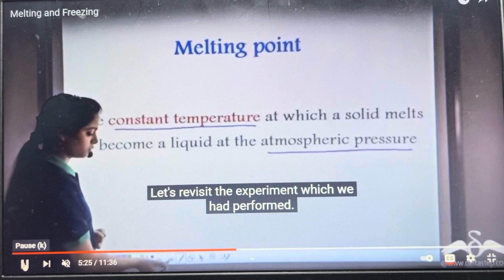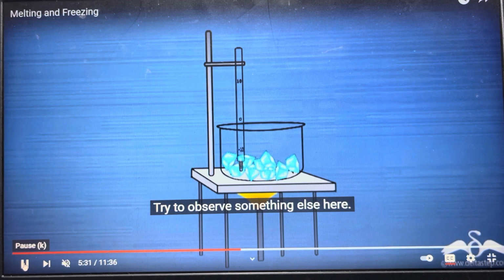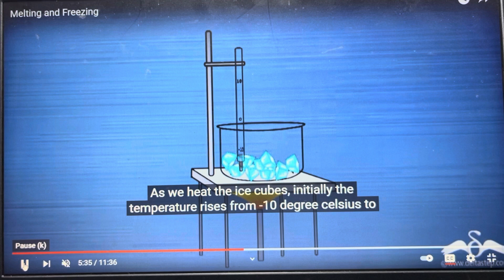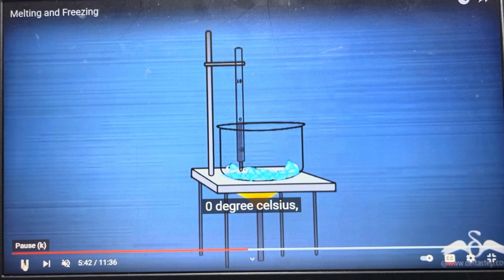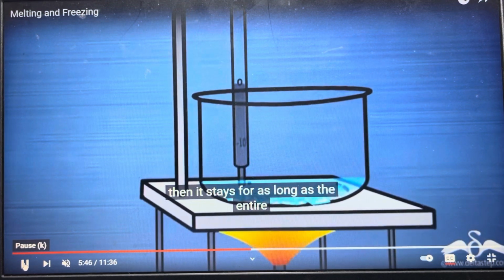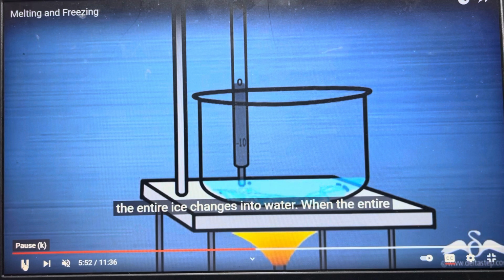Let's revisit the experiment which we had performed. We've already seen that the melting point of ice is 0 degrees Celsius. Try to observe something else here. As we heat the ice cubes, initially the temperature rises from negative 10 degrees Celsius to 0 degrees Celsius. Then it stays there for as long as the entire ice is changing into water. The temperature does not change till the entire ice changes into water.